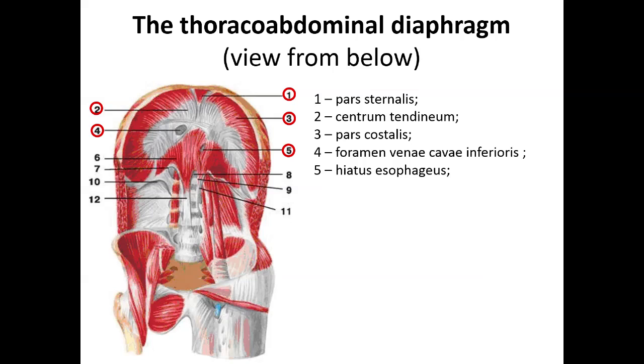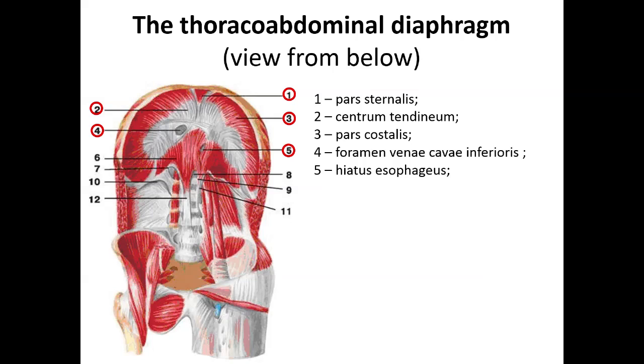What is the esophagus? The esophagus is part of the gastrointestinal tract. It's a muscular tube which connects the pharynx in the throat with the stomach in the abdominal cavity.